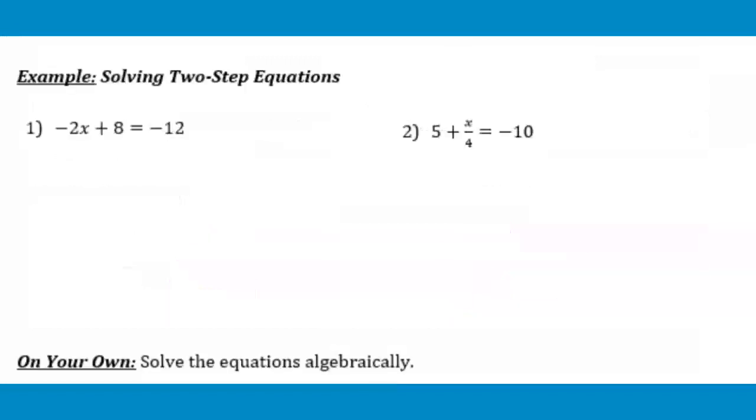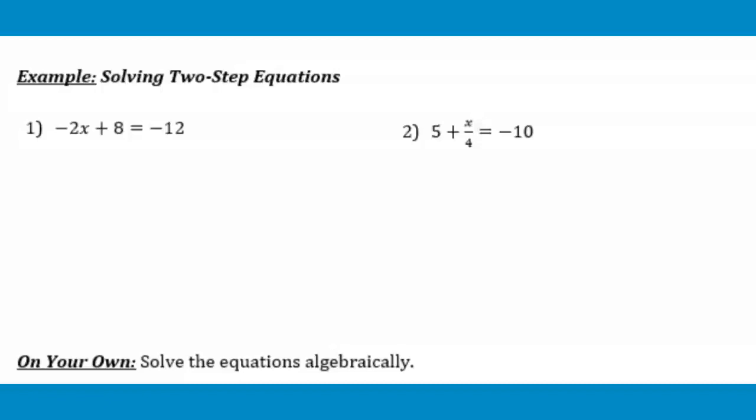So example 1, make sure you copy the work down for this. Negative 2x plus 8 equals negative 12. So what's going on? We have to look at the side where the variable is. With x, we have negative 2 times x, and we have an 8 being added to it. If we go backwards through the order of operations, remember it's parentheses, exponents, multiplication, division, addition, and subtraction.